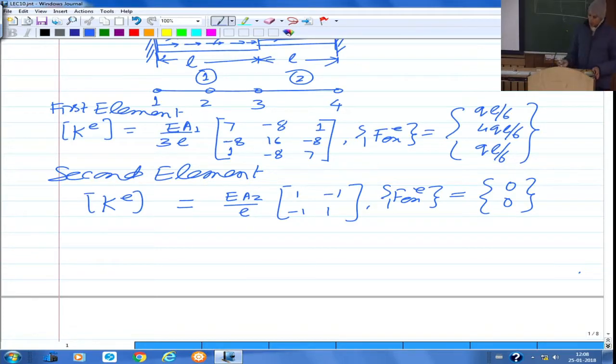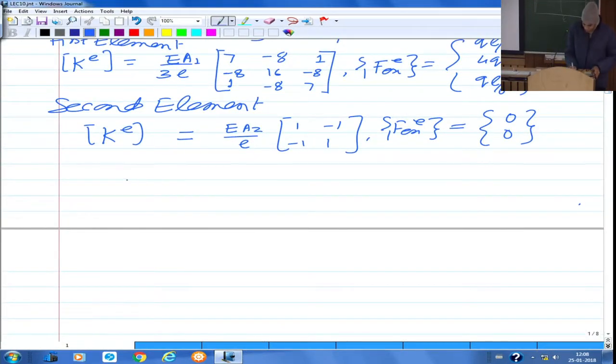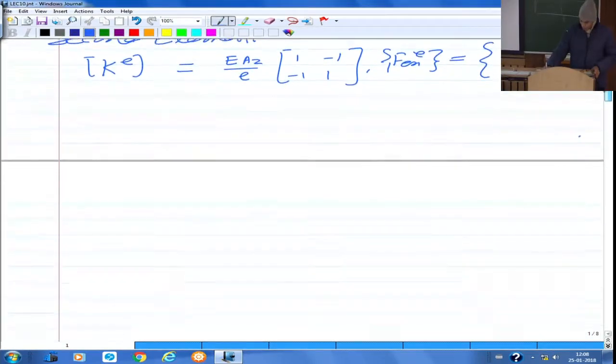Now we want to assemble. In the assembly, as you see, since there are 4 global nodes, and each node has 1 degree of freedom, that is displacement along the length, let us look at the assembled system matrix. I think you know this already, I have just written what we have done earlier.